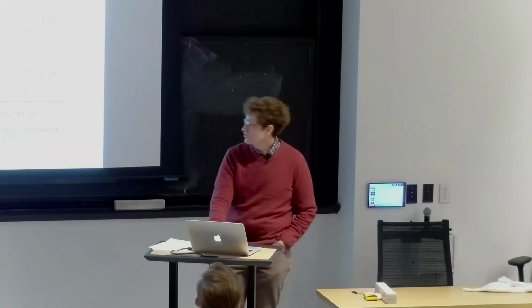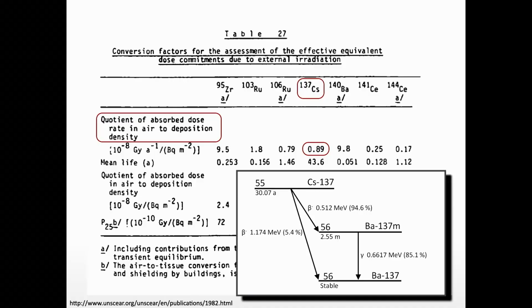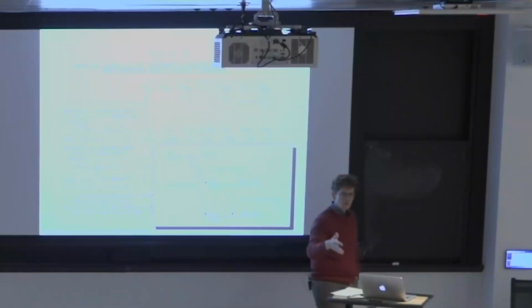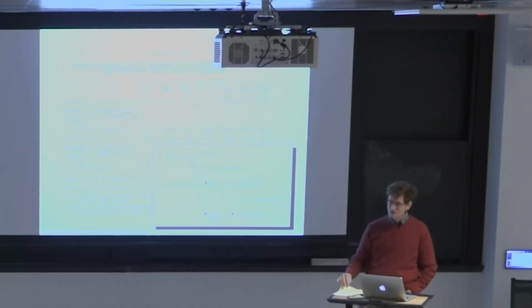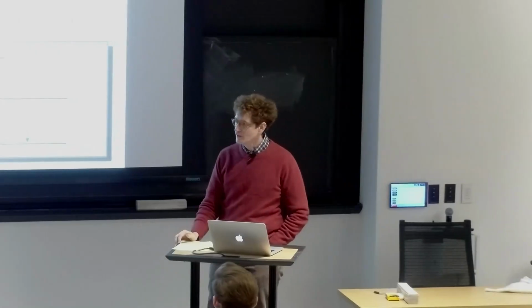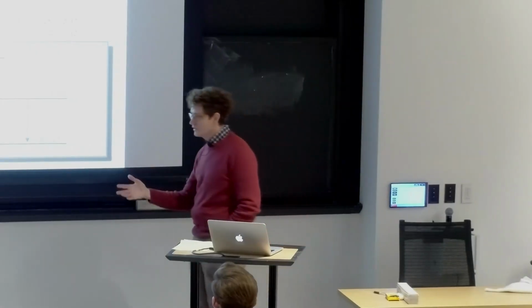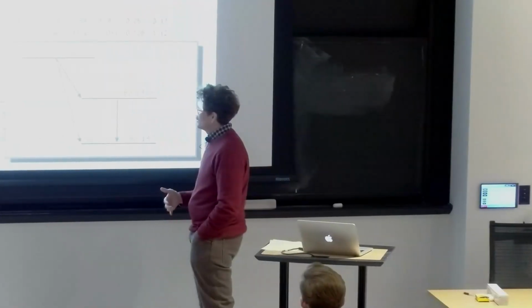I'll just briefly mention, I just said there's a one-to-one conversion between grays and sieverts, which we know is the relative biological effectiveness for beta radiation and gammas are about the same, 1-to-1.